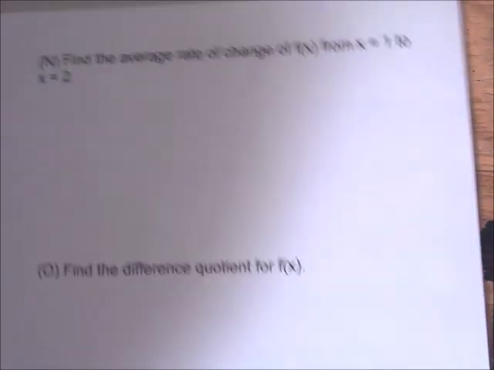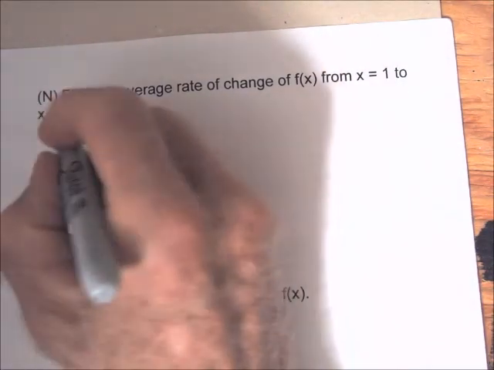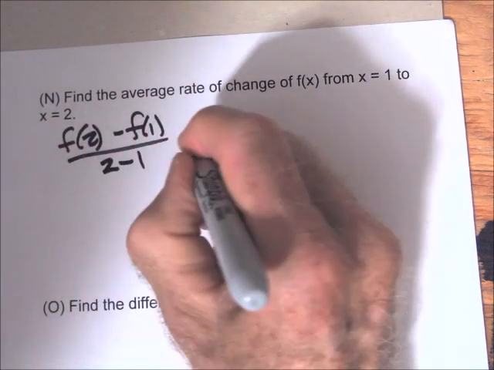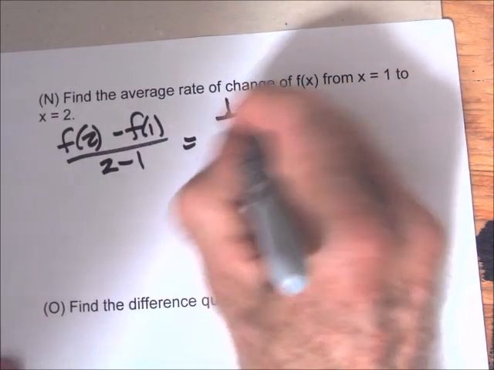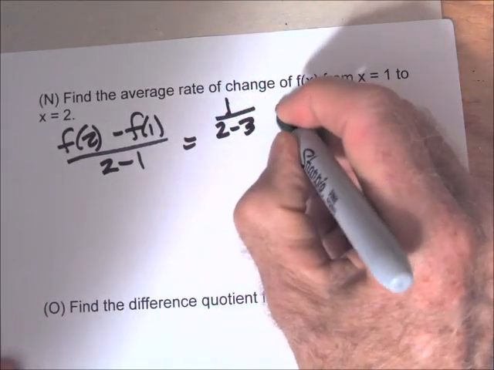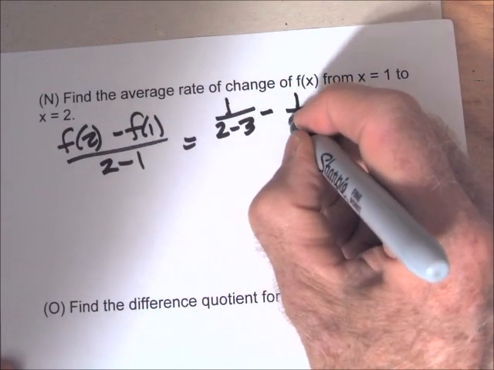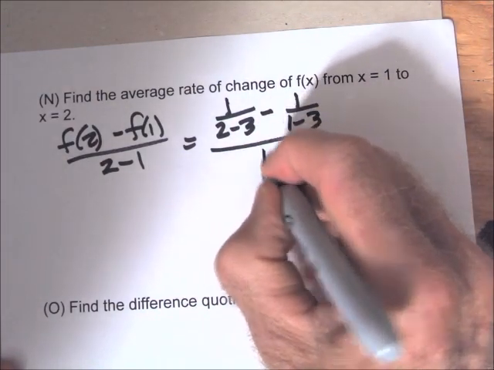Average rate of change from 1 to 2. So that's going to be f of 2 minus f of 1 over 2 minus 1. f of 2 is 1 over 2 minus 3, and f of 1 is 1 over 1 minus 3. 2 minus 1 is 1.